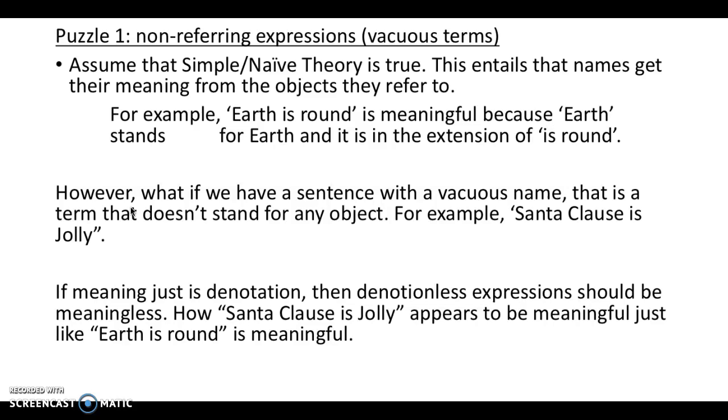So for instance, if we have the sentence, the earth is round, the meaning of earth is just the earth itself, and the meaning of the predicate is round is just the property of being round.